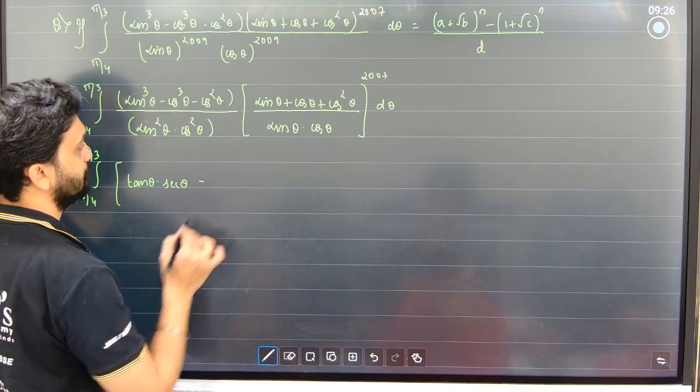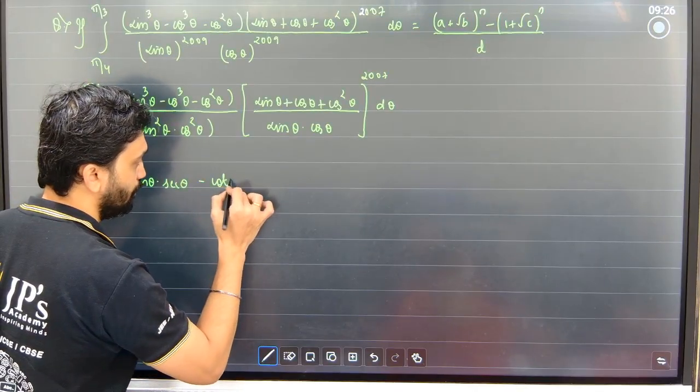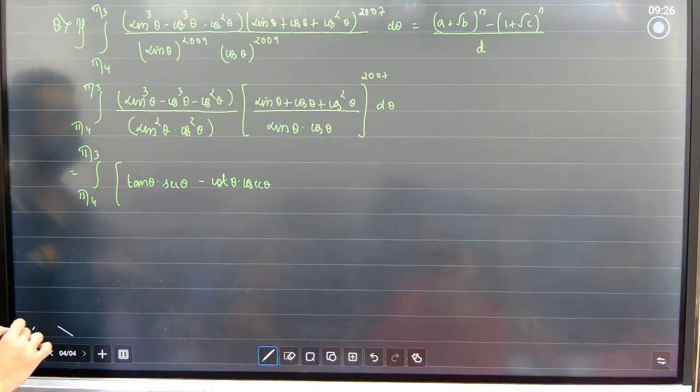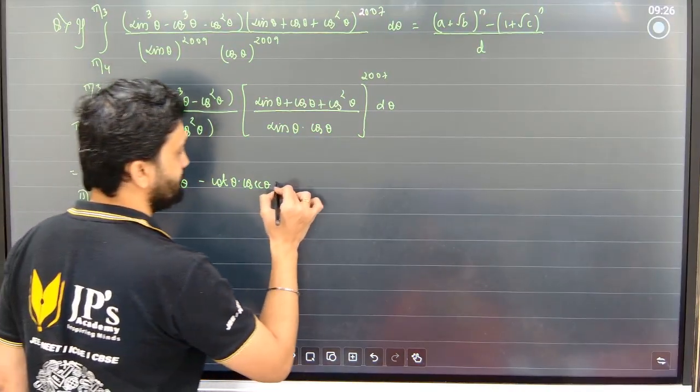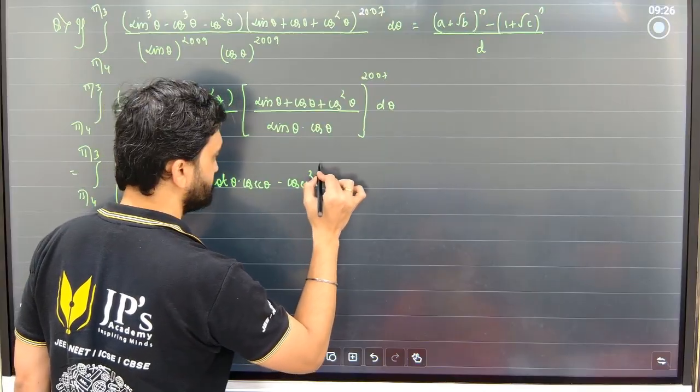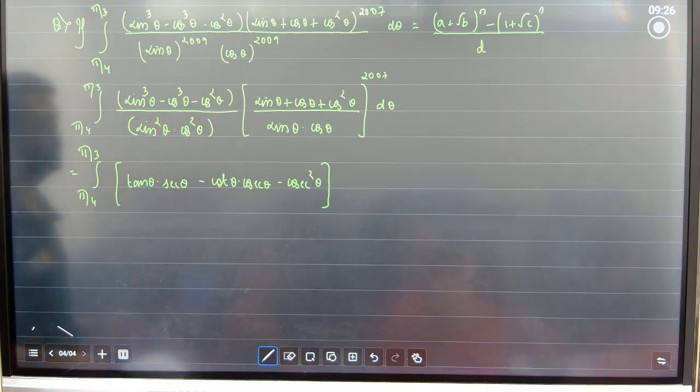Minus cot theta into cosec theta, minus cosec square theta. Okay.